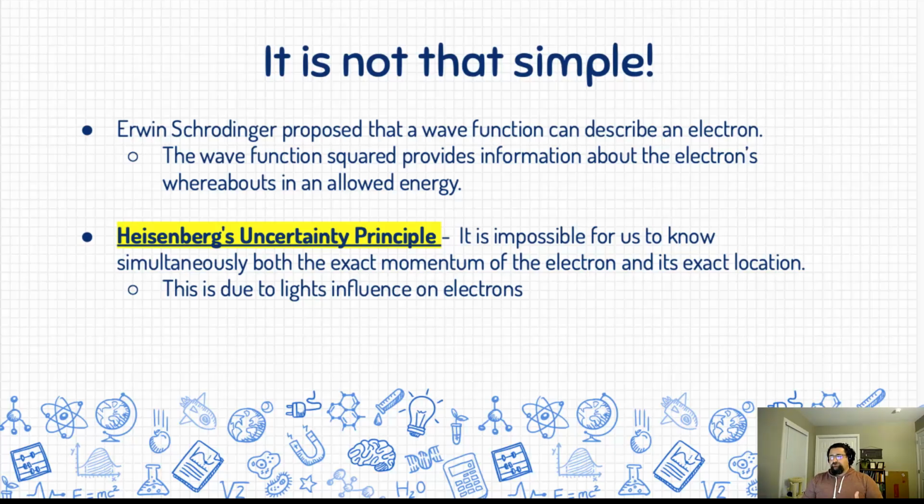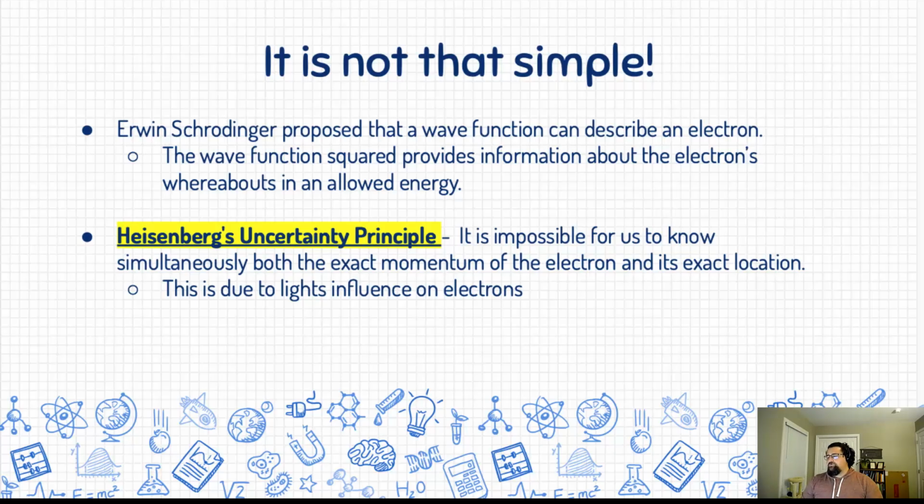And that's due to light's influence on those electrons. The act of the light hitting the electrons and bouncing back to us alters the direction in which it's traveling. And so we might be able to know where it is, but we don't know where it's going.